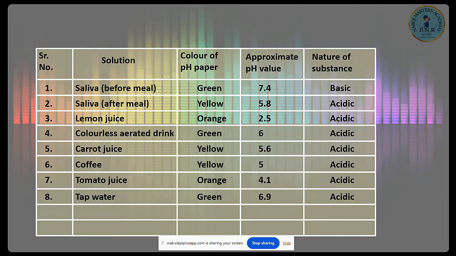Tap water, green, 6.9. Tap water looks exactly clear, nearby 7, but its pH value is less than 7. That's why we consider it acidic in nature, but it is almost neutral. Pure water is neutral. 1 mole of NaOH, blue, pH value is 13, basic in nature.